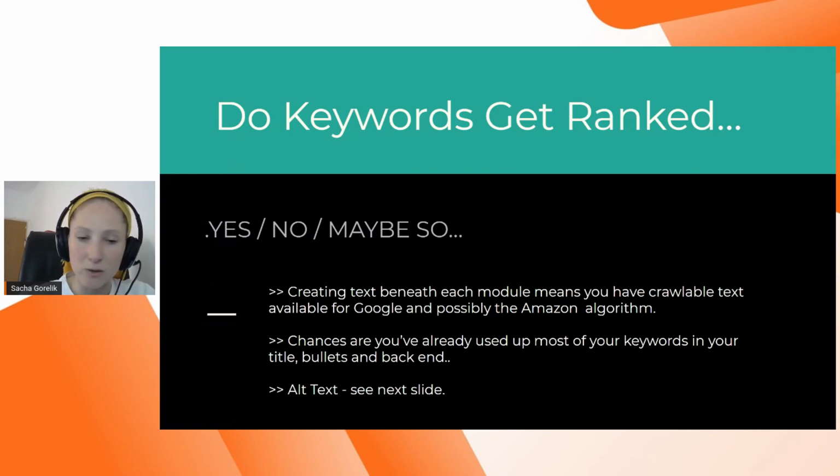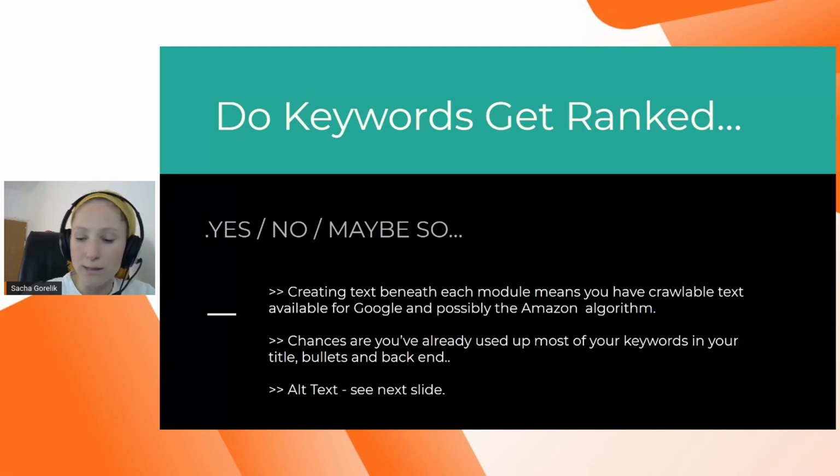Because that's what Amazon is asking sellers to use when you add images. So alt text really is used by Google and other search engines to provide a description of what the picture is for people who are visually impaired.